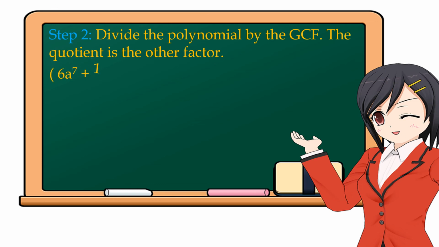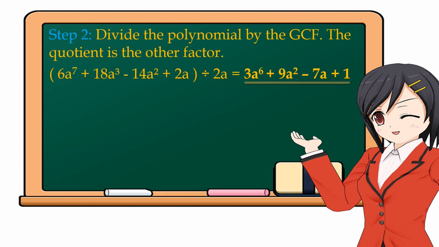So the quantity 6a raised to the 7 plus 18a cubed minus 14a squared plus 2a divided by 2a is equal to 3a raised to the 6 plus 9a squared minus 7a plus 1. So it is our quotient.